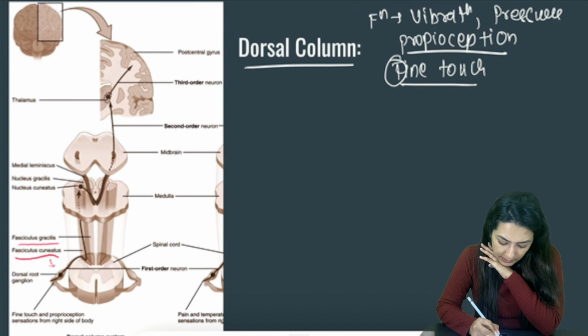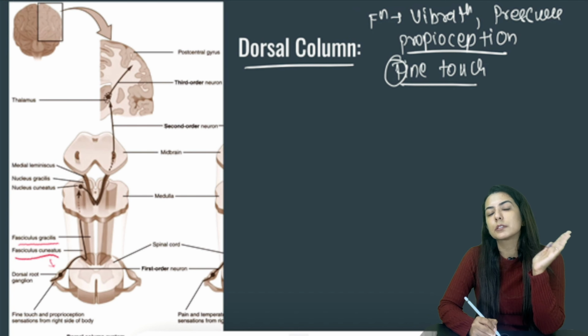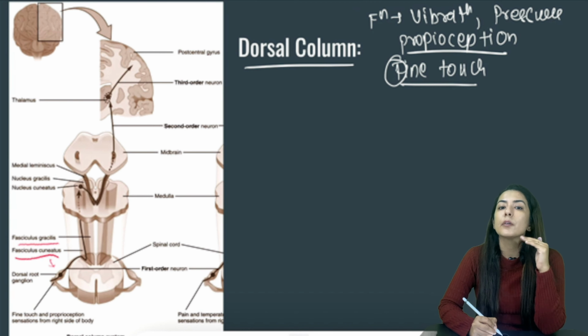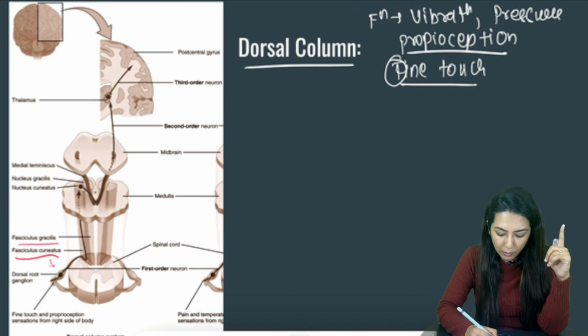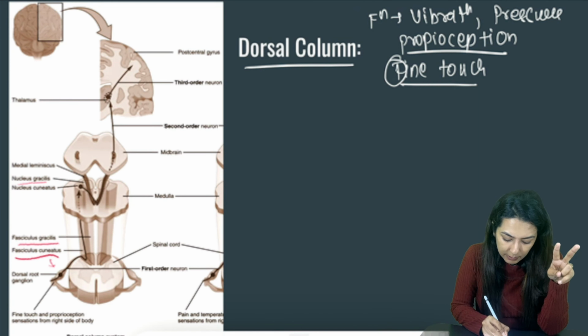Then in the medulla, they will decussate, or cross to the opposite side. So from the right upper limb, the sensation of dorsal column will decussate over to the left side, and ultimately it will go into the left thalamus. In the medulla, there are two nuclei, nucleus gracilis and nucleus cuneatus.